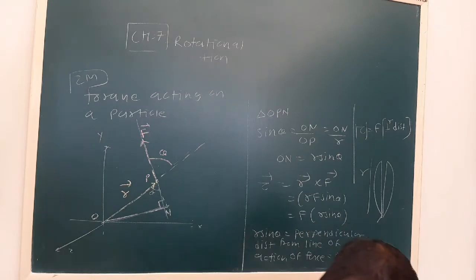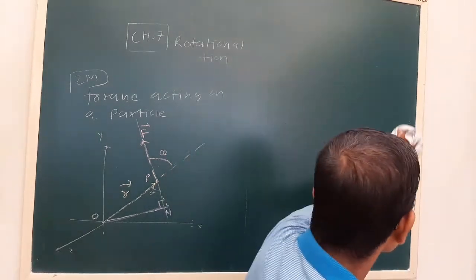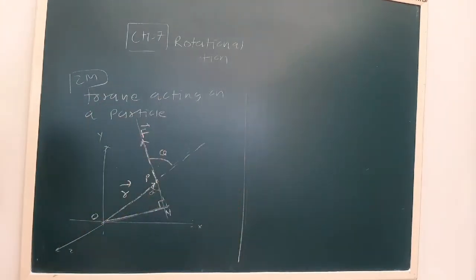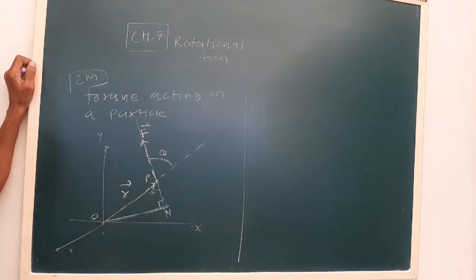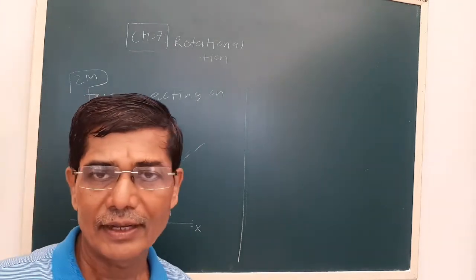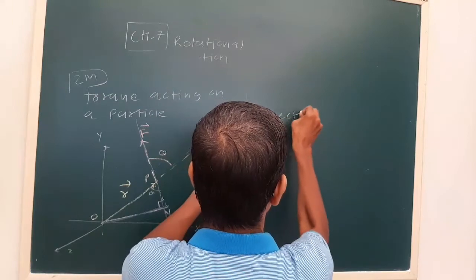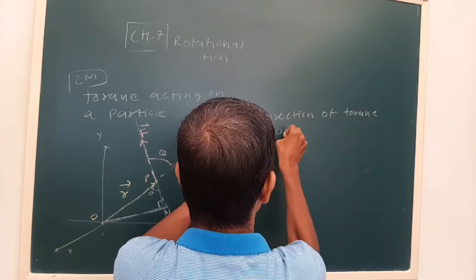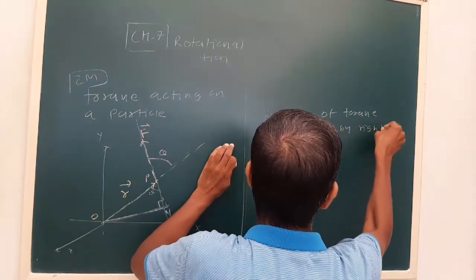Now torque is a new quantity for us, so we should know about the unit and dimension. Also, being a vector quantity, we should be knowing in which direction torque will act. Now let us say here R and F are in XY plane. The direction of torque is obtained by right hand screw rule.